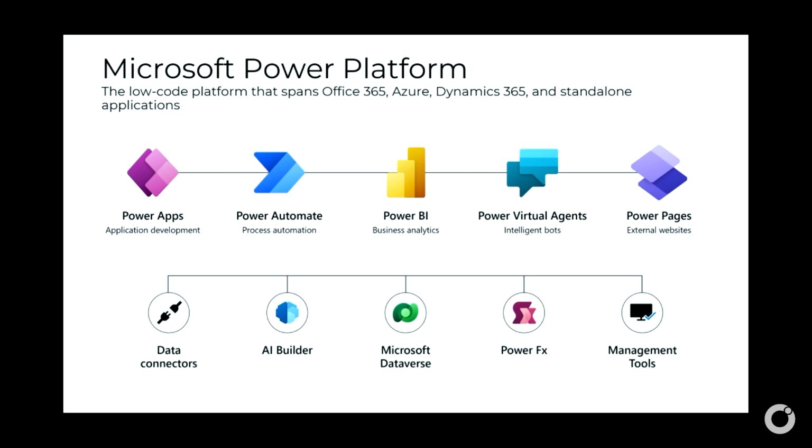Now, I checked yesterday, and there are currently 759 connectors that you can use to connect to pretty much any one of the services here, which is pretty astounding. And if there isn't a connector amongst those 759 that you can use, you can build your own custom connectors, whether it's to your own web services or to on-premise services through the on-premise data gateway.